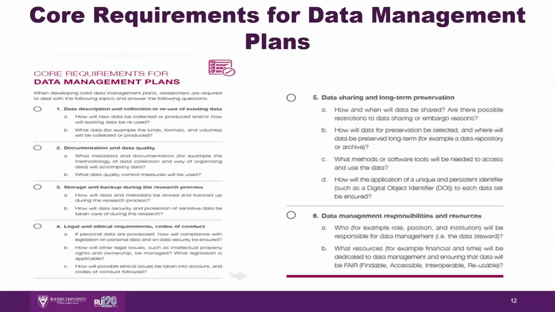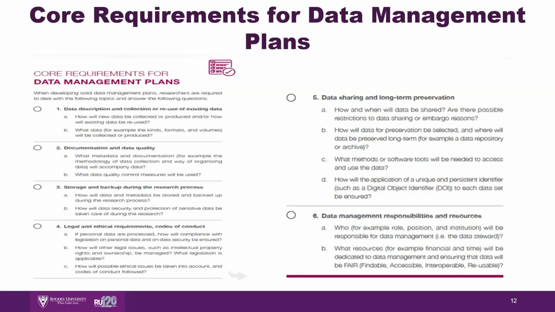This was developed by a consortium known as Science Europe, which is a consortium of several European funders, notable funders, for example, Horizon 2020. And they basically came up with this list of requirements. It resembles things that you find from other organizations, such as the Digital Curation Centre, but they give you an indication of the kind of information that you'd want to be reflected in the plan.